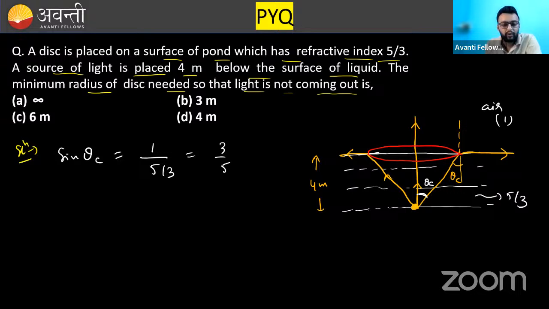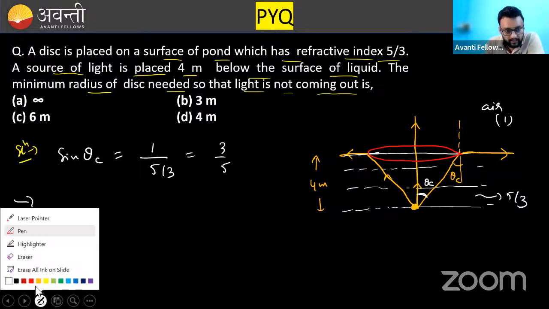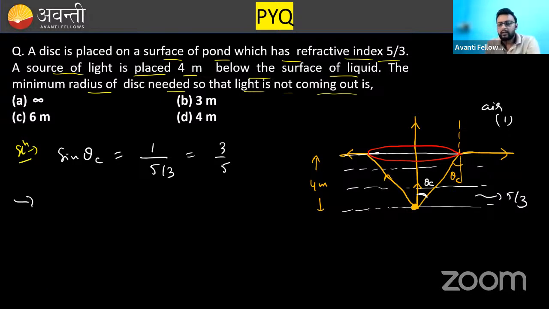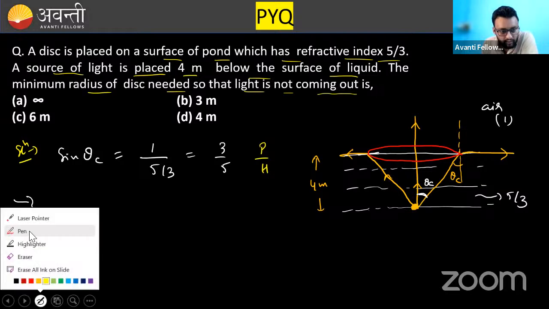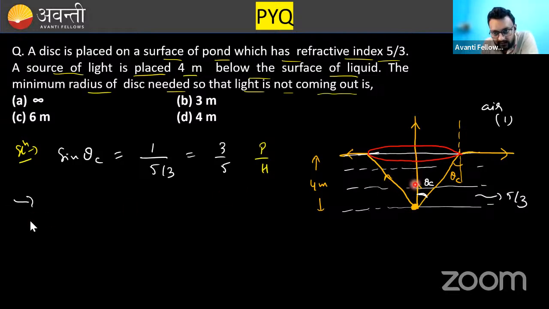Now listen to me. I'm going to do something different here. Listen to me very carefully. Sine theta c is generally what? Perpendicular over hypotenuse. That means the ratio of perpendicular over hypotenuse is 3:5. In this triangle, I am highlighting the triangle. This is the triangle.